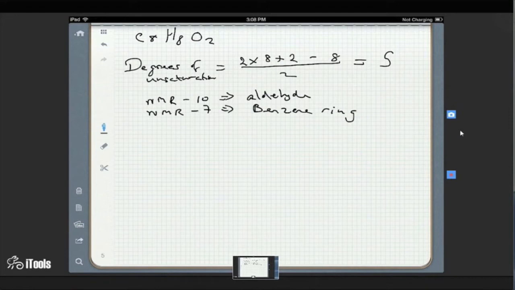Okay, so there's 4 hydrogens here. Carbon, H, and then the methyl group here.